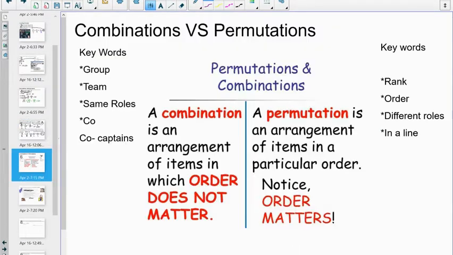So now we're going to be determining between combinations and permutations. They're both ways of arranging things. They're both ways of counting things. But the difference is that in one of them, order matters, and in the other one, order does not. For example, in a combination, let's say you're picking members to be on a team. So let's say we have Jimmy and Kate.